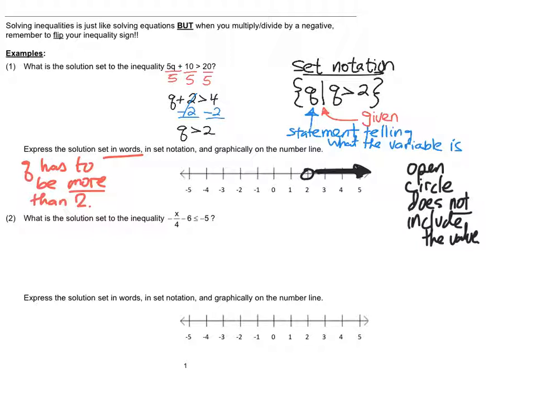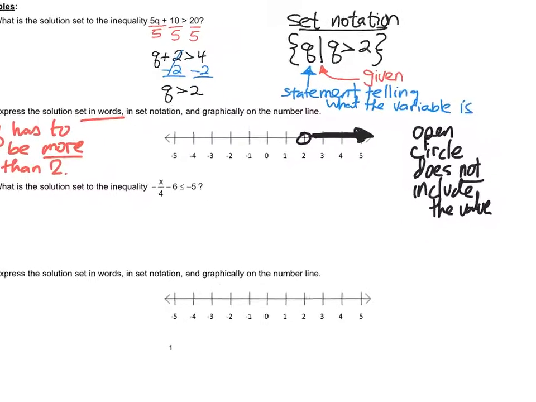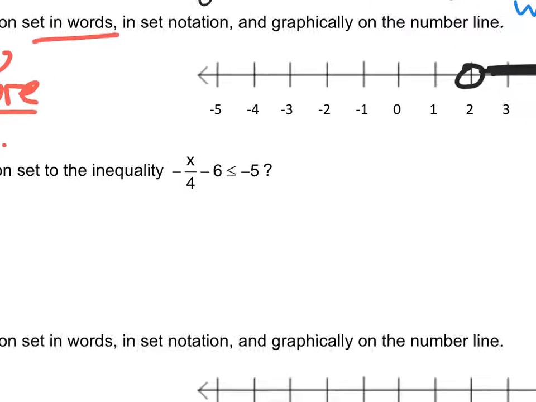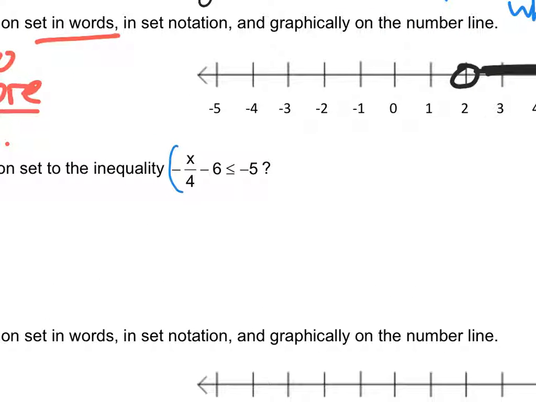Now, number 2 is asking us to basically do the same thing, but we have a fraction, and then also we got some negative signs, so we'll handle this one. What do you think my first move is here? Multiply both sides by -4, okay. Yeah, I would go -4. Everything's already negative.